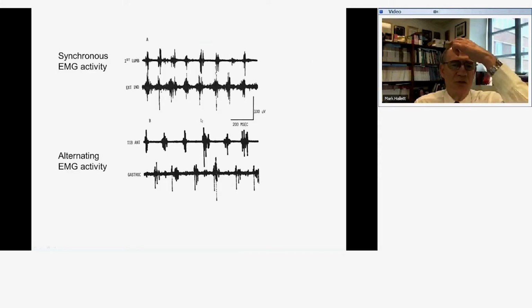You can also look at the EMG. We often tend to look at antagonist pairs. Here's a tremor that's characterized by synchronous activity. Here's a tremor that's characterized by alternating activity. This is a case of essential tremor, and in this situation, you can see either synchronous or alternating activity.